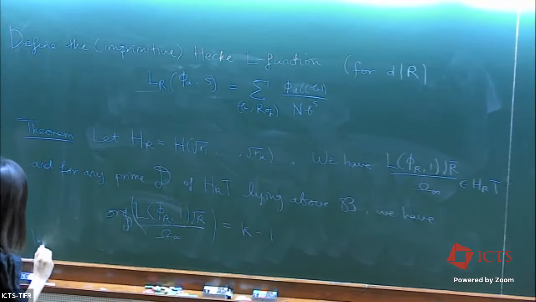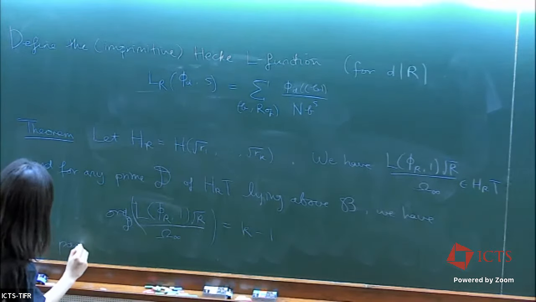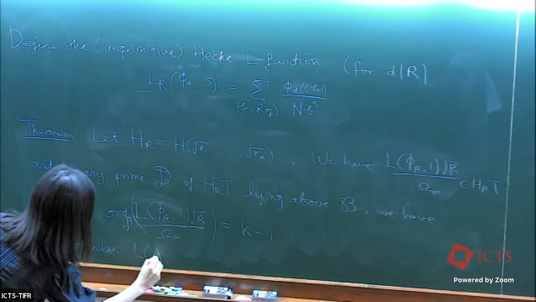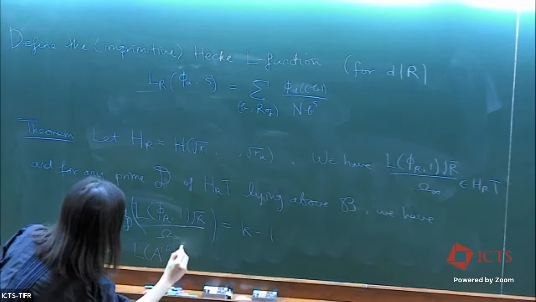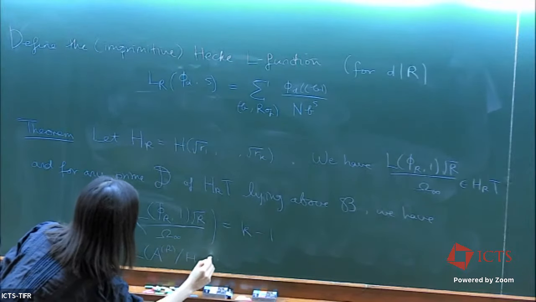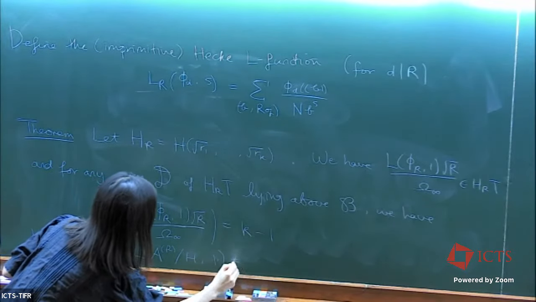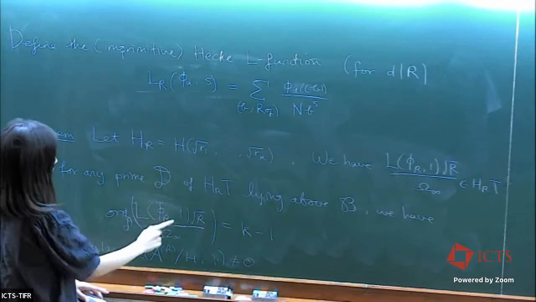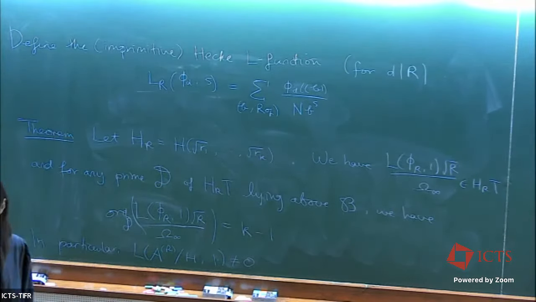And in particular, by the same argument, the twisted curve L value does not vanish, which is what we said in the main theorem, because this Hecke L value doesn't vanish.